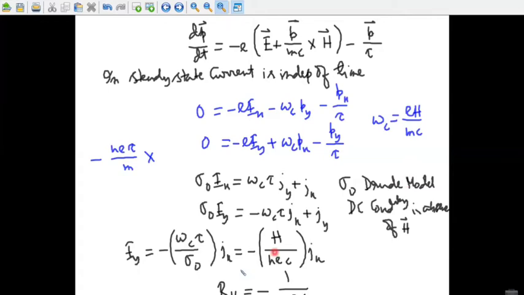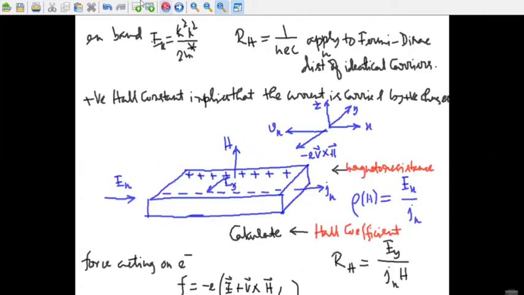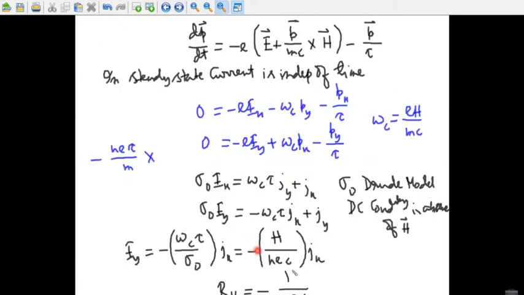So the Hall field Ey is determined by the requirement that there be no transverse current Jy. Setting Jy to 0 in the second equation, Ey is simply minus omega c tau upon sigma naught jx, that is minus H upon nec jx, and therefore the Hall coefficient, which is the value of Ey upon jxH, is simply minus 1 upon nec.